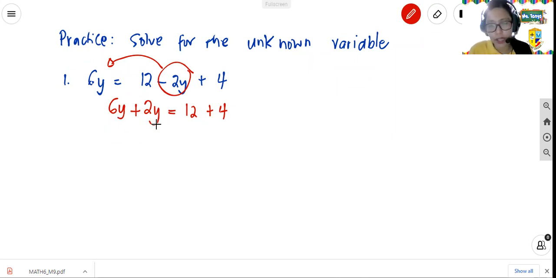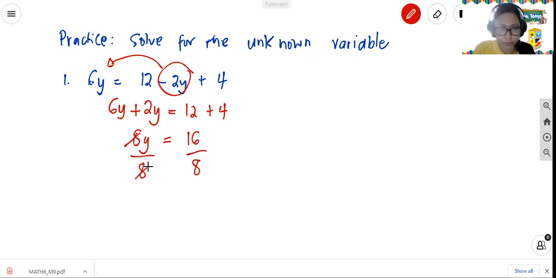So 6y and 2y, that gives you 8y. 12 plus 4, that gives you 16. And is this familiar? So there's a multiplication here on the variable and the numerical coefficient, and we want to get rid of the numerical coefficient to isolate y. Hence, I can divide by 8.